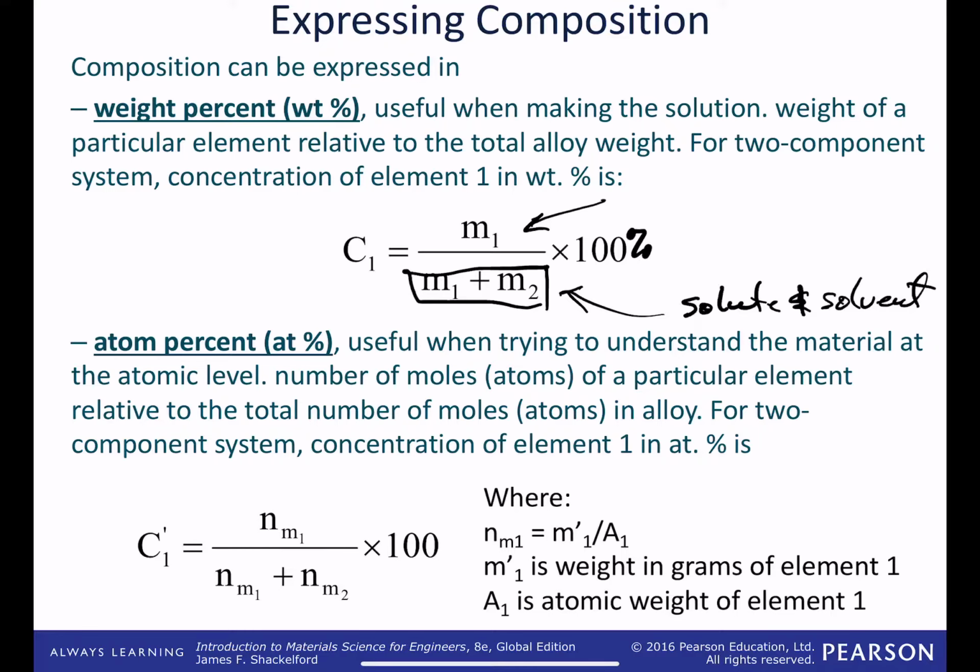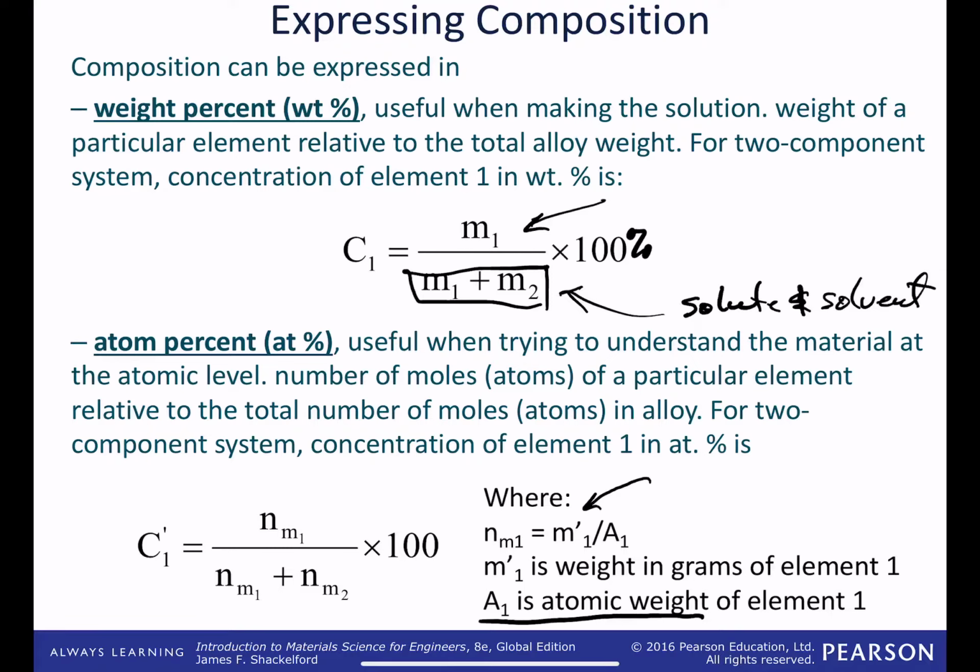Okay, similar ideas below. This time we're, of course, going to count by number of atoms. So if we are given only the mass information, we will need to transform the mass information into moles or into actual atom number. And so we will need atomic weight information.